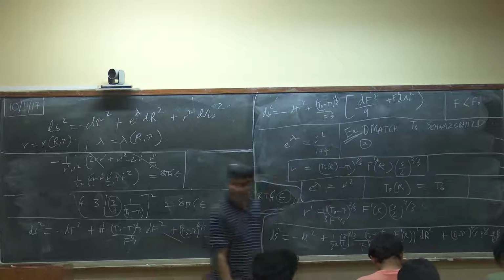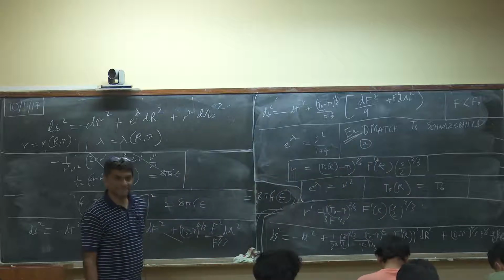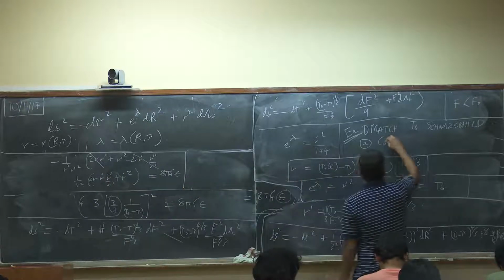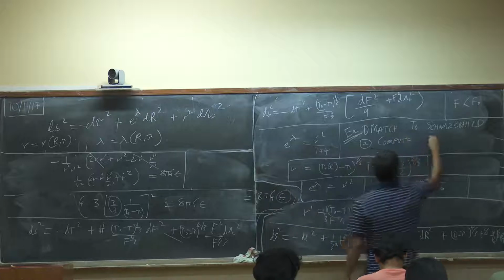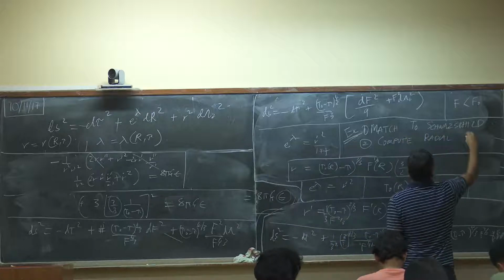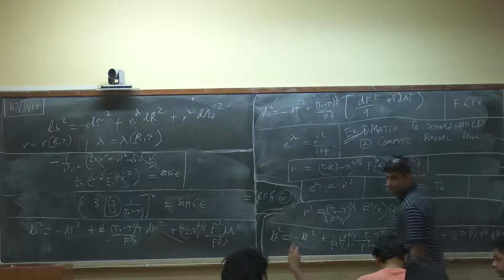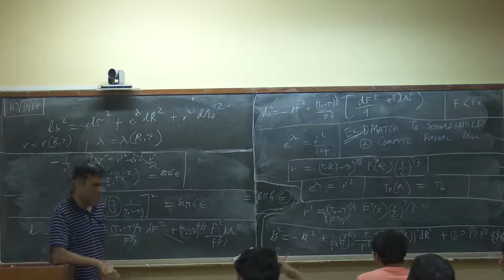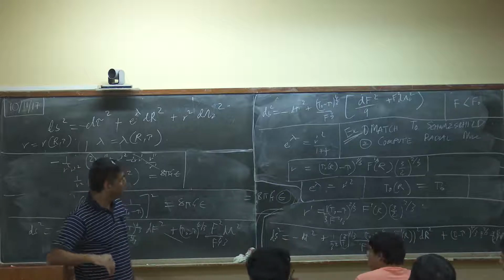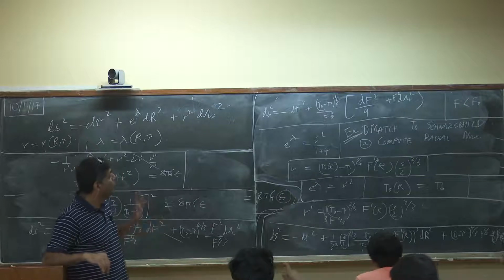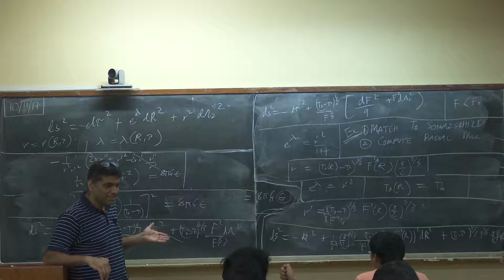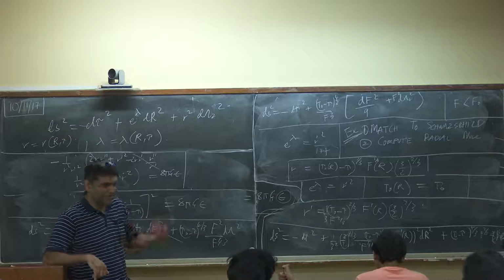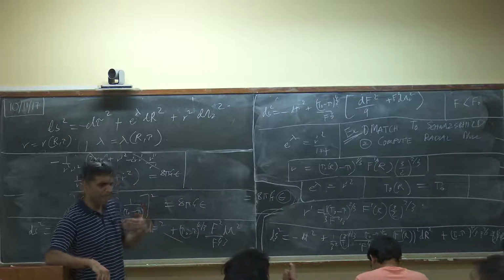Exercise number 2 is to compute the radial null geodesics in this geometry. Actually, we should take f equal to f naught, and you should match with Schwarzschild and move to a coordinate system in which the metric is continuous across this boundary, with continuous first derivative, obeying everything that it should.